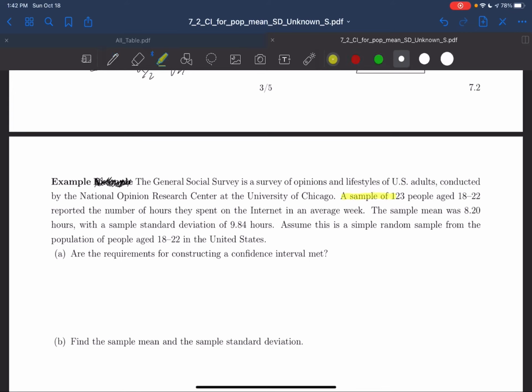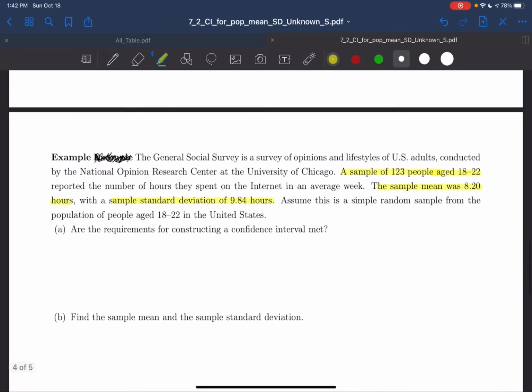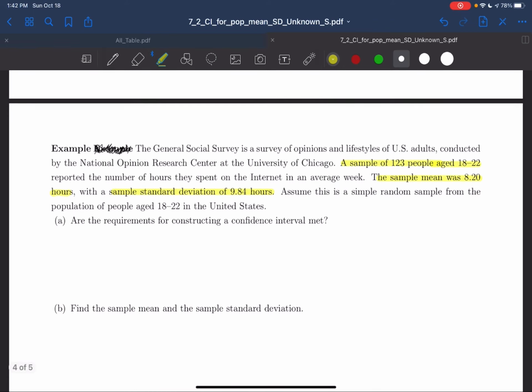Here we have a sample of 123 people aged between 18 to 22 reported the number of hours they spend on the internet in an average week. The sample mean is 8.20 hours with a sample standard deviation of 9.84 hours. Assume this is a simple random sample from a population of people aged between 18 to 22 in the United States.